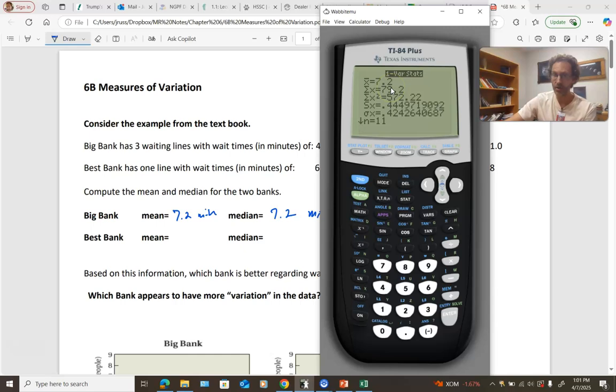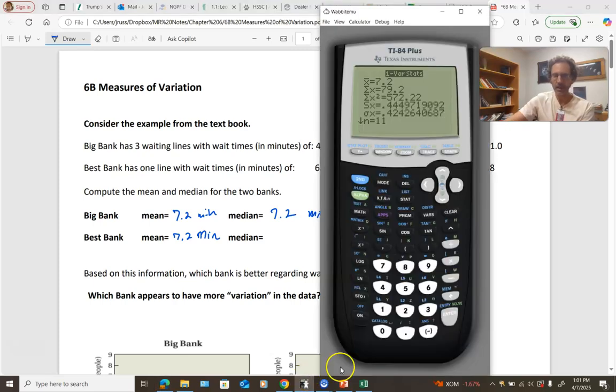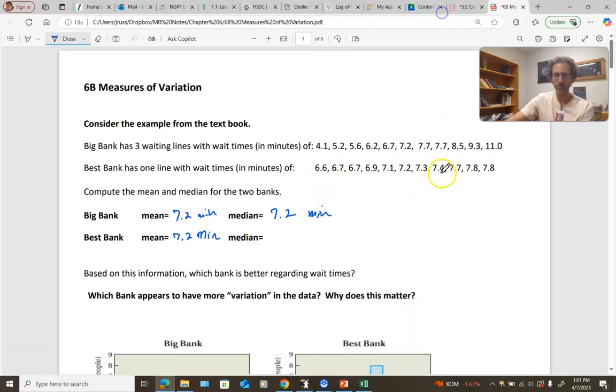And X bar is also 7.2. So interestingly, the mean wait time at Best Bank is also 7.2 minutes. Now let's see what the median wait time is. It is also 7.2 minutes. So this is very interesting, okay?